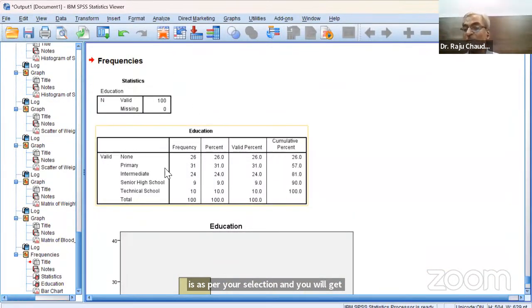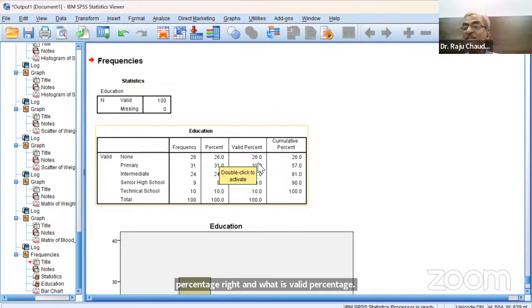So see, this is a table. These are the different levels of education and their corresponding frequencies. Out of 100 respondents, 26 have no education. And this is the percentage; because the total is 100, it shows the same value. Otherwise, it will calculate the percentage. And what is valid percentage?